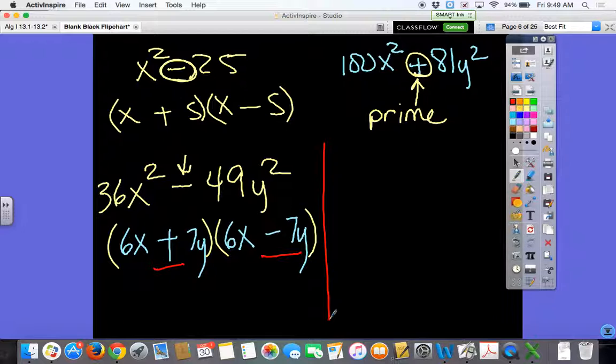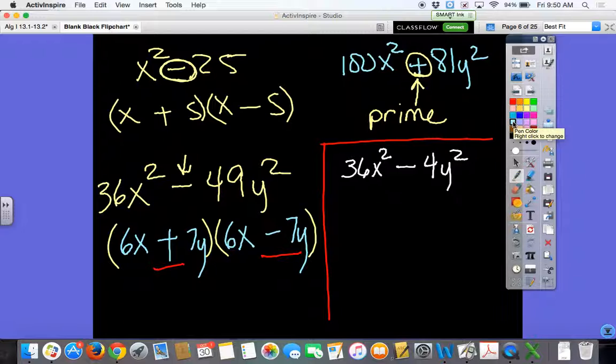I do want you to be careful because you can take this and the common factor and mix them together. So if I had 36x squared, and let's see here, I subtracted 4y squared. Yes, you could do square root of 36, and yes, you could do square root of 4, but when it's all said and done, you're not going to have this thing completely factored.